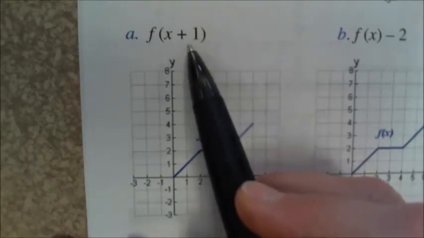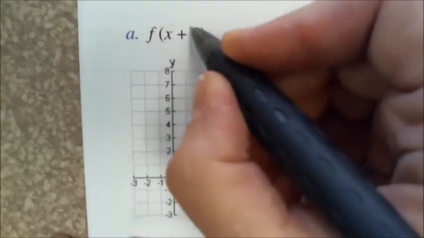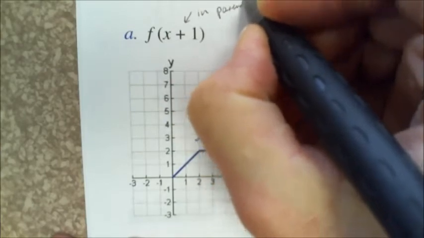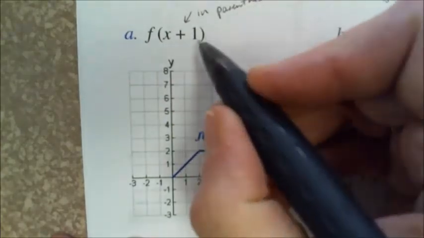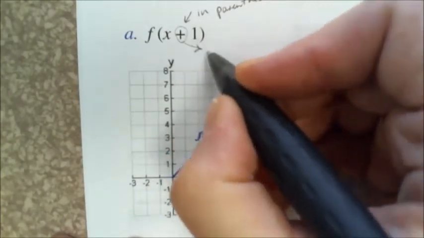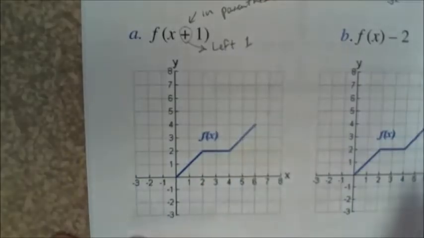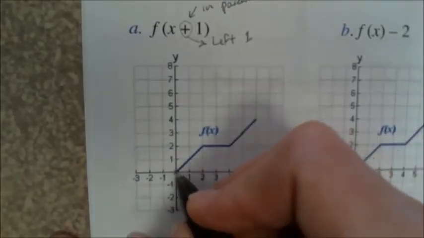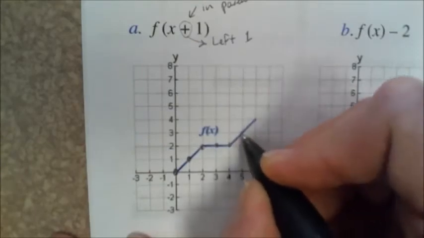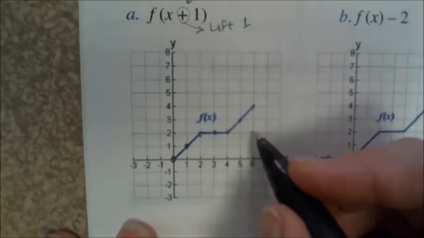So in this first example here, it's telling us to shift this because this is inside parentheses. This means it's going to be a left or right shift. Plus means left. Left 1. So what we're going to do is take the major points. Let's just put some major points on here, and we're going to shift everything to the left 1, all of these points that we've indicated along the way.